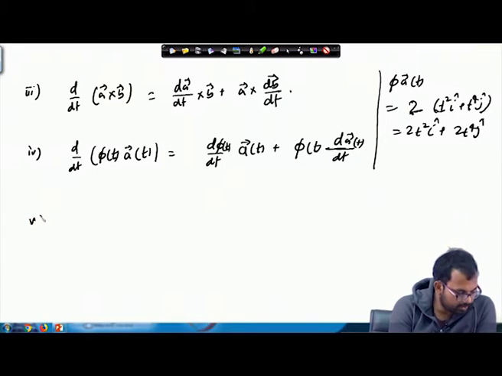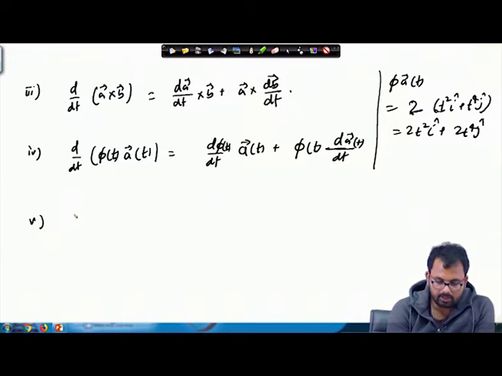Now, instead of a scalar function and a vector function, we can also have something like A cross B cross C. Let me write this formula properly.